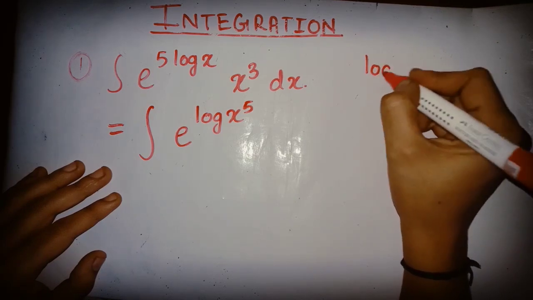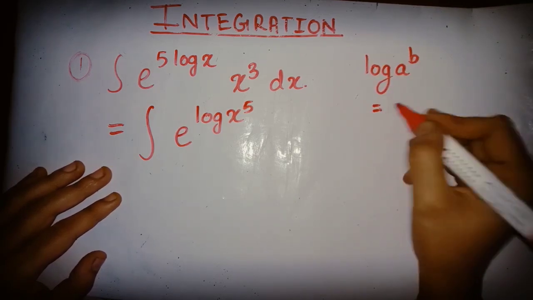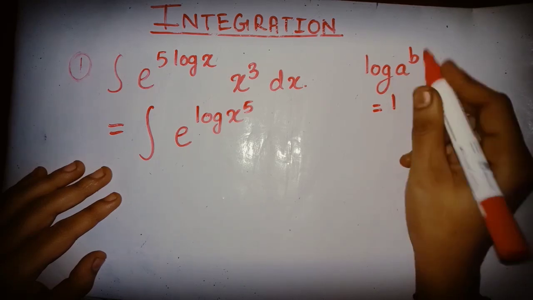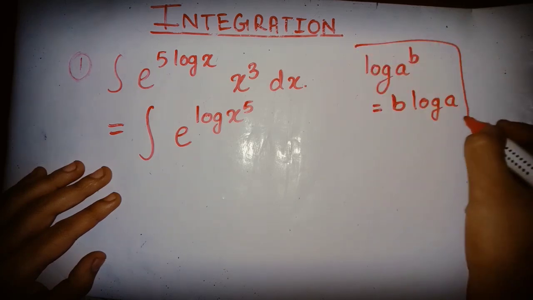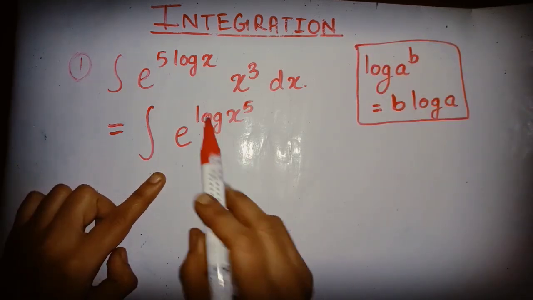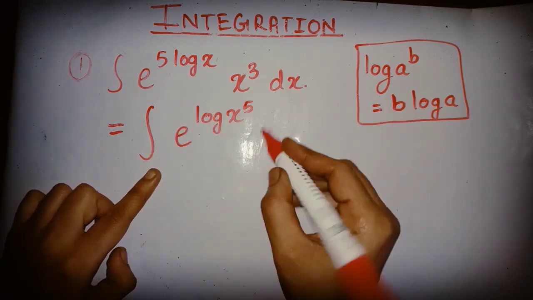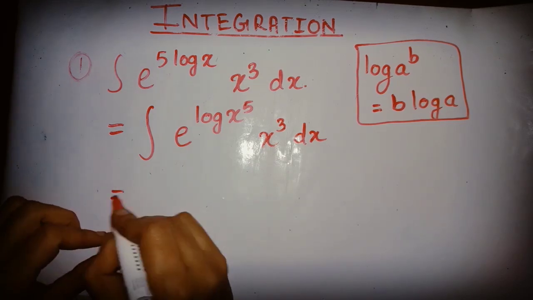Because we know that log of a raised to b is b log a. This is the property or law of logarithm, so that we used here, into x cube dx.